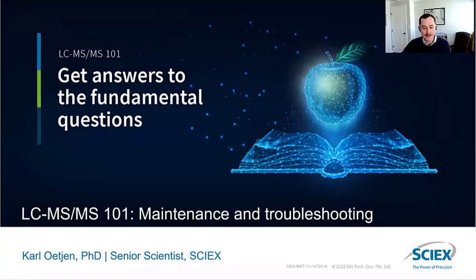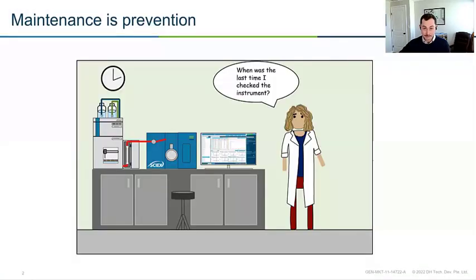Thanks, Crystal. And thanks everybody for joining us for the last session of the LCMS 101 series. We're going to be talking about maintenance and troubleshooting, something that's really important. I'm sure all of us at this point have gotten to the lab and had an issue.